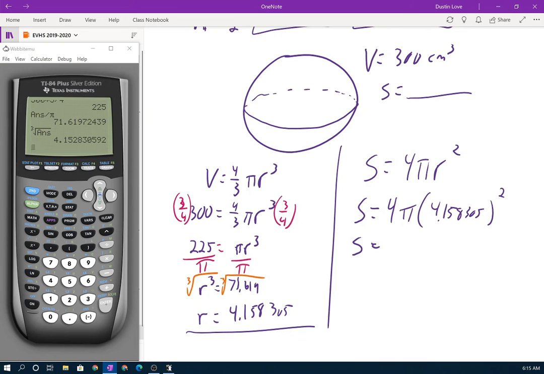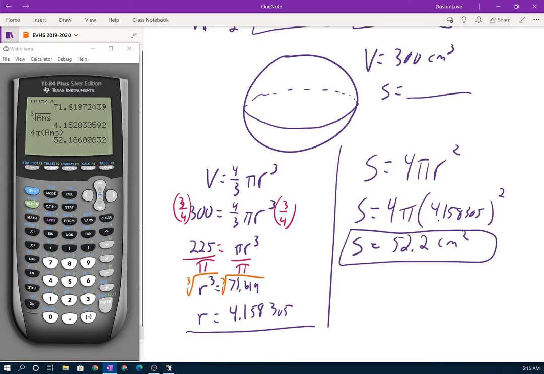So 4 times pi times that last answer squared is 52 point, and we went to the nearest tenth like we had before, so 58.2 centimeters squared. Okay, now 58.2 is our true answer.